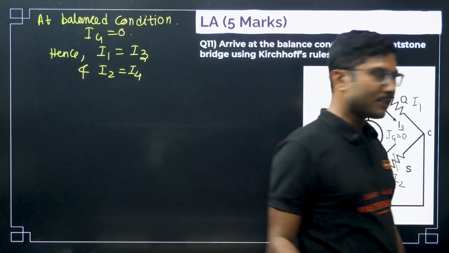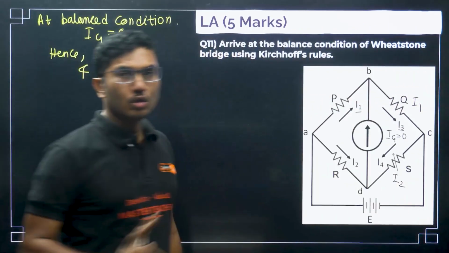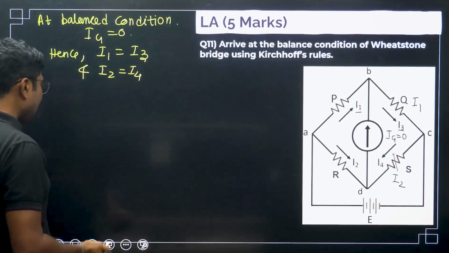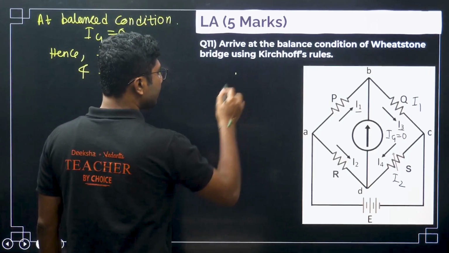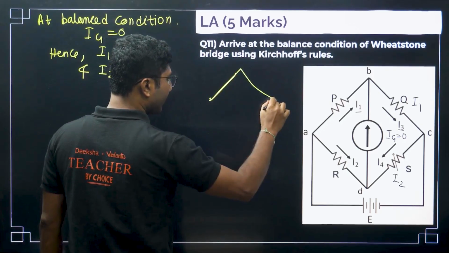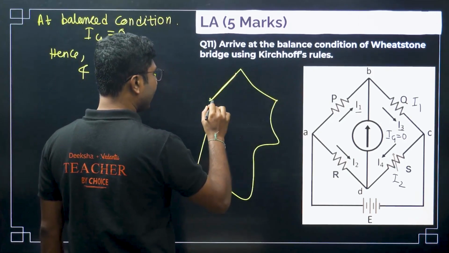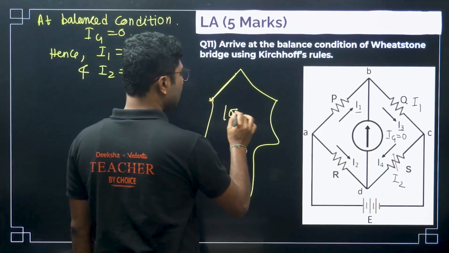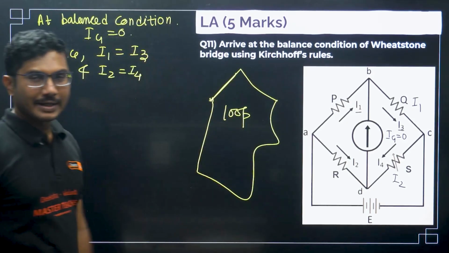Once you have mentioned that, you have to take two loops and solve this question. So what is the meaning of a loop? Loop means you start at some point and after going through multiple paths, if you end up at the same point, this is called a loop. A loop means the starting point and ending point are the same.